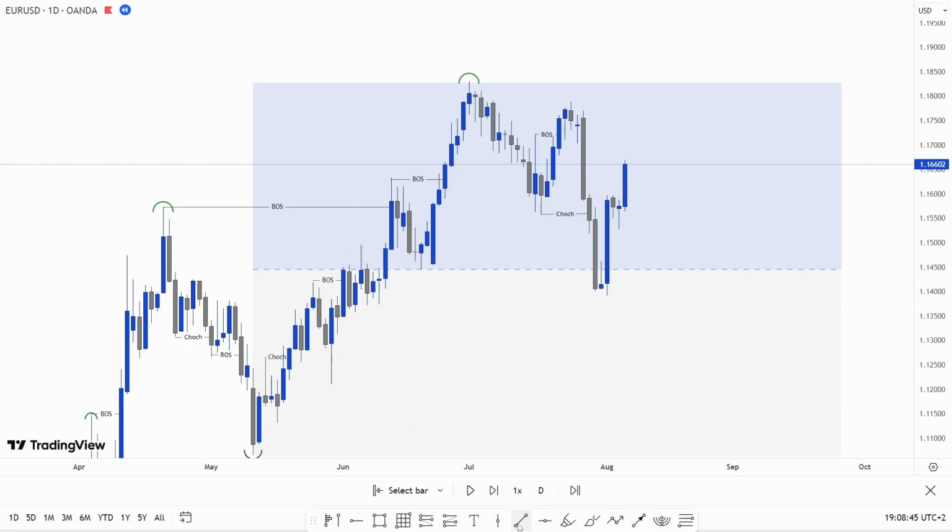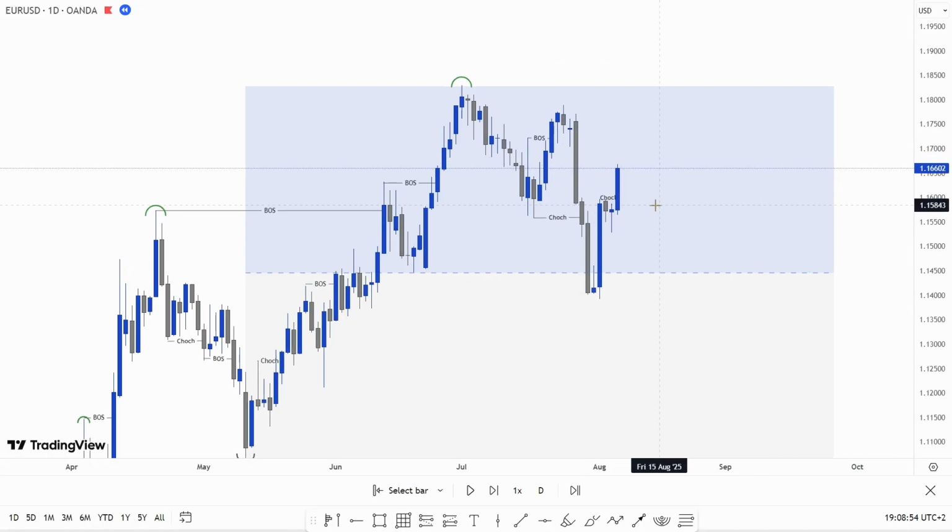Right above here, price failed to continue its bearish momentum. So let's wait and see what price does. Does price continue on with the momentum, or does price do a change of character?